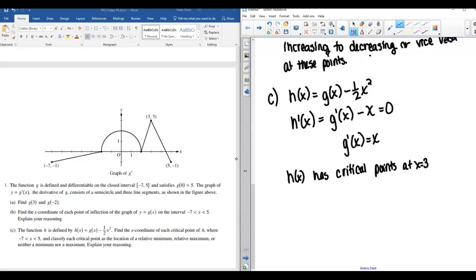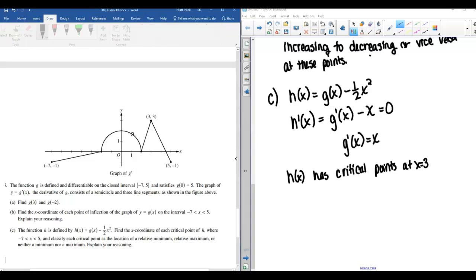And then if we look over here, we don't have that happening anywhere else, except for somewhere right around here. I should have a point that has the same x-coordinate and y-coordinate. So I've got to figure out what the coordinates of that point are.